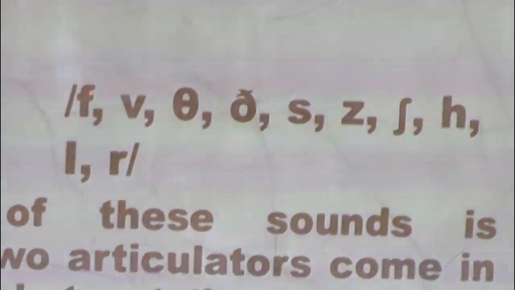followed by v. When you look at these two, they are almost pronounced the same way. The difference is just that the first one is voiceless, while the second one is voiced. That's the major difference between the two. The first one is fa sound, va sound.